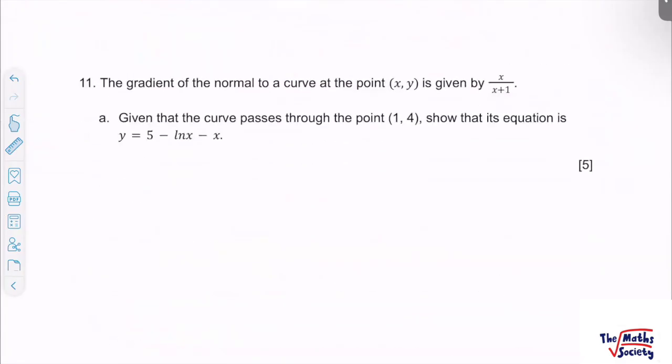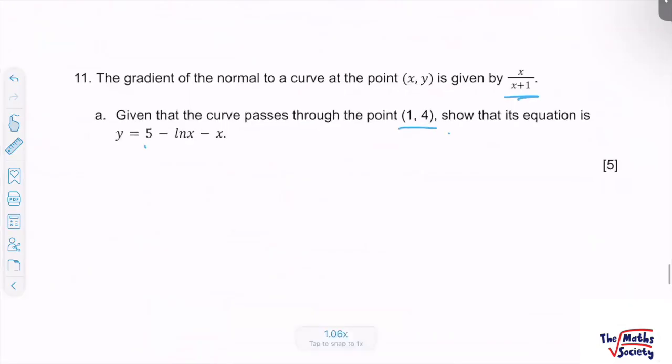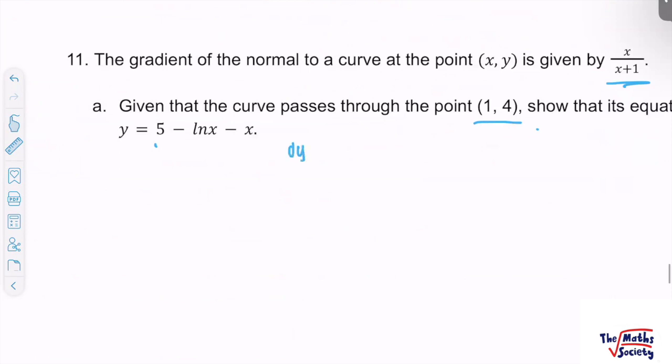So it says the gradient to the normal of the curve. Given that the curve passes through this point, show that its equation is this. So we just need to make sure that the equation is correct. So it's dy by dx equals to minus x plus 1 by x. So that's minus 1 minus x, minus 1 by x.